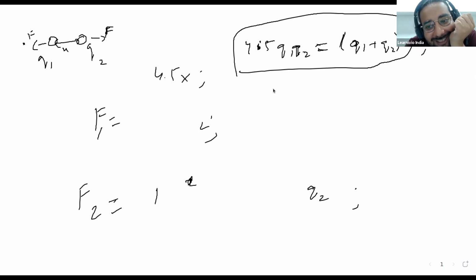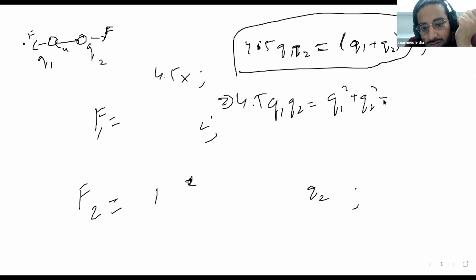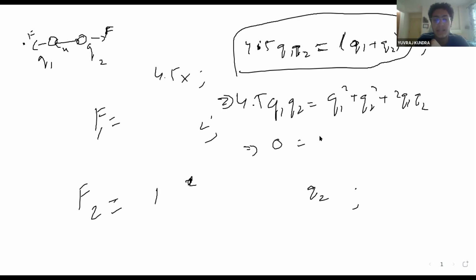I'm thinking about it. Let's just open it. The 2 will go there, and then we will get minus 2.5 Q1 Q2.